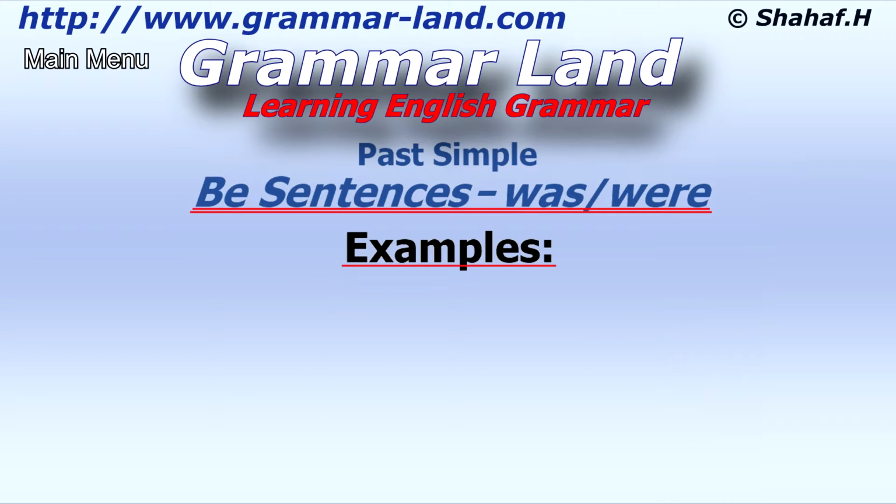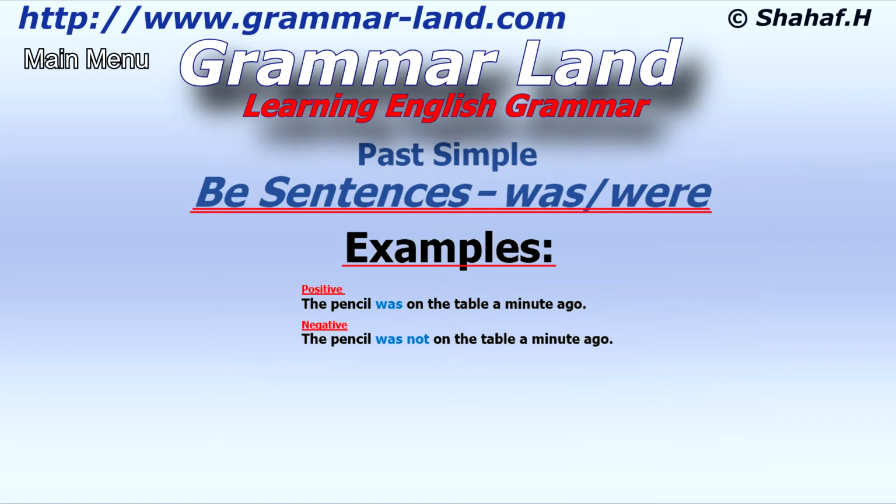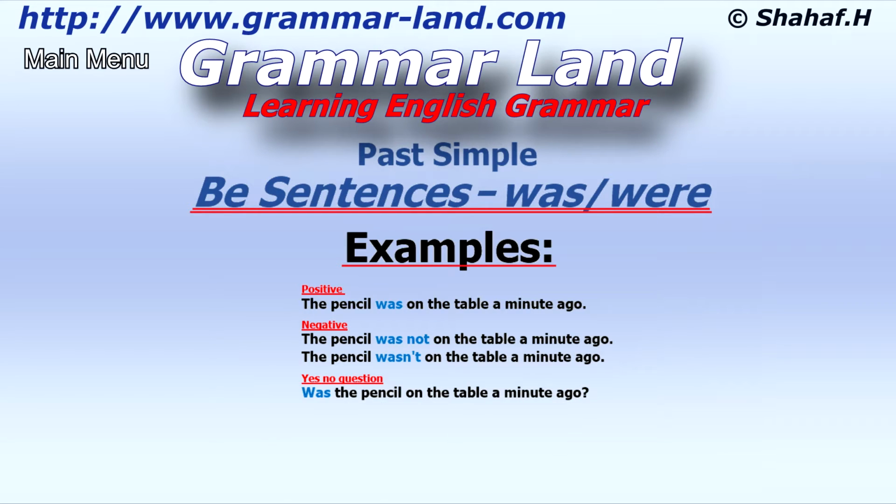Two more examples and we are done. Positive. The pencil was on the table a minute ago. The pencil is equal to it, therefore we use was in this sentence. Negative. The pencil was not on the table a minute ago. Or, the pencil wasn't on the table a minute ago. Yes no question.